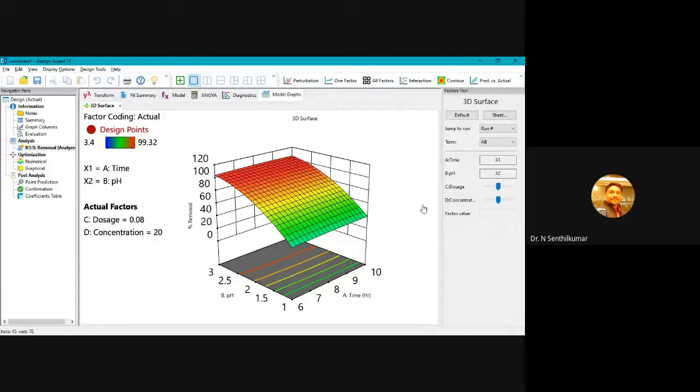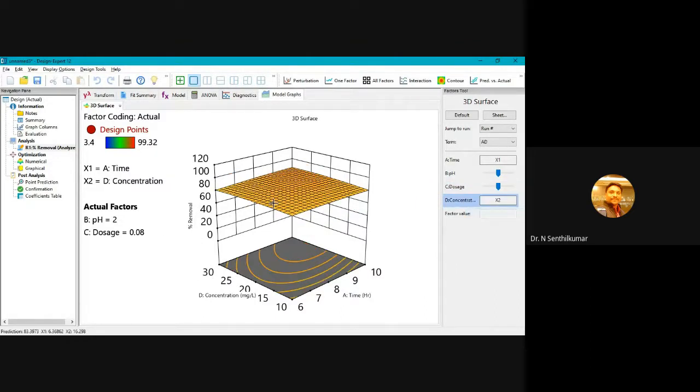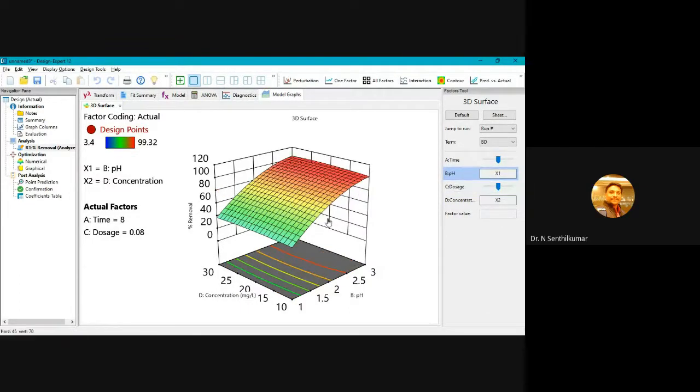On the right side, we can see the dosage. Just right click that, change it to X2 axis. You can see now. Mostly these are linear type. Then concentration. This is flat. So no change when I change the concentration. So now I'm going to change the pH to X1. You can see.